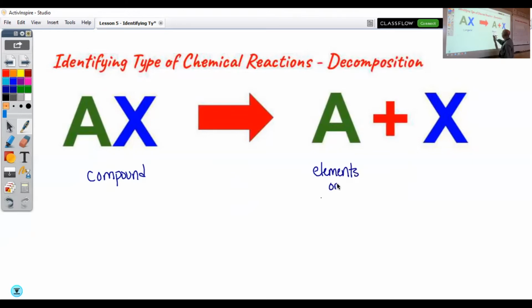So element or compound, same thing for the second one. So a single reactant breaks down into two or more products.